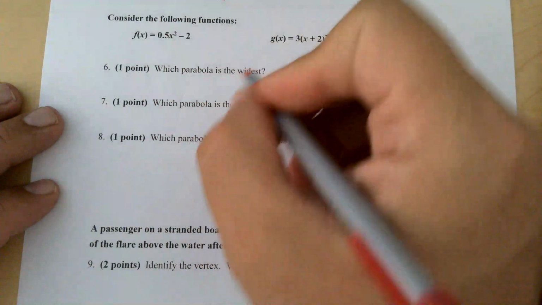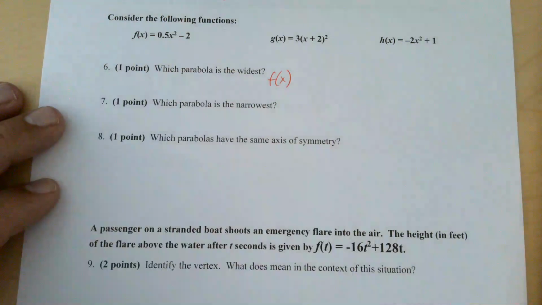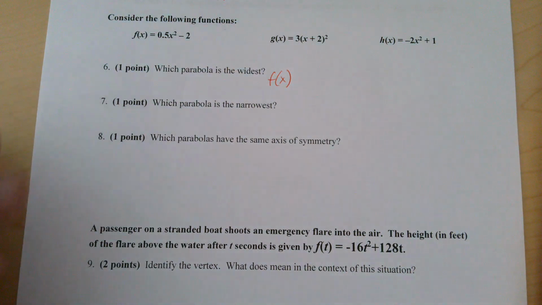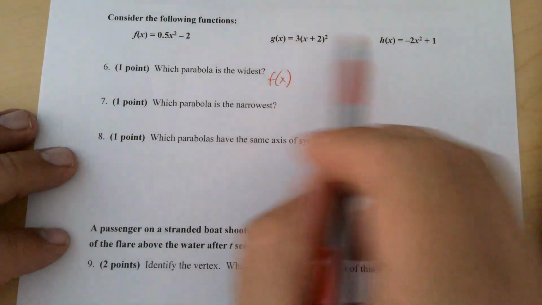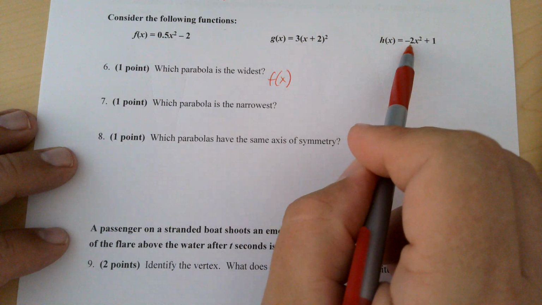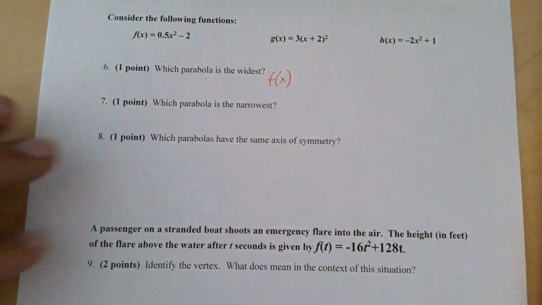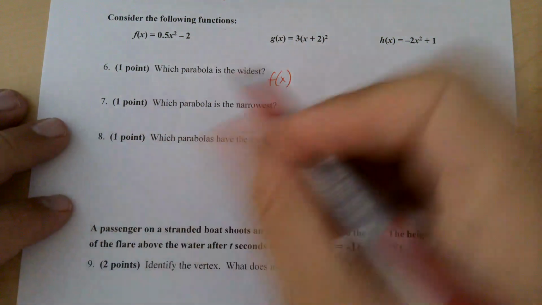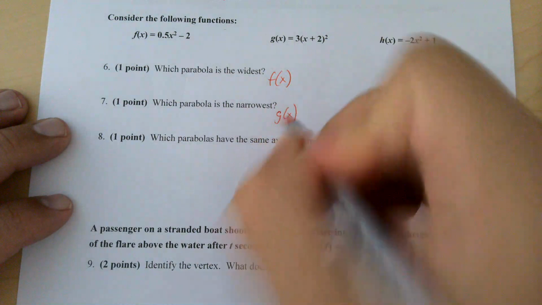It looks like f of x is going to be the widest graph because of that 0.5 in front. Okay, which is the narrowest? That's the one with the biggest number in front. Again, disregard the negative. You have a 2 here. That's a stretch, but 3 is even more of a stretch. So that's going to be g of x.